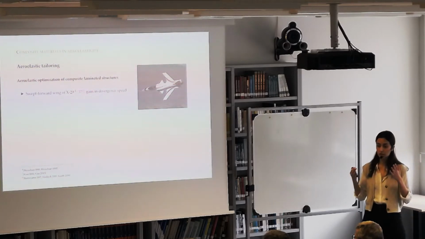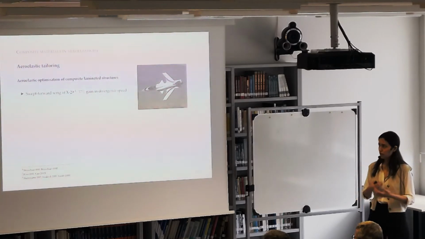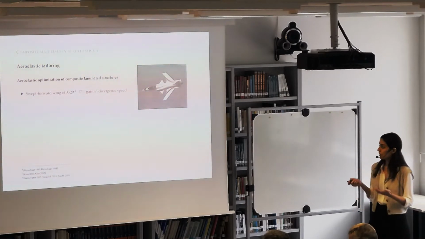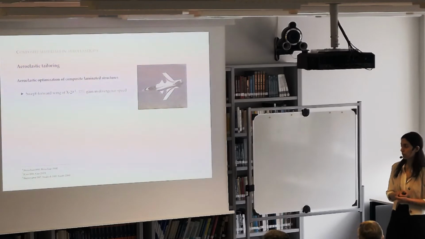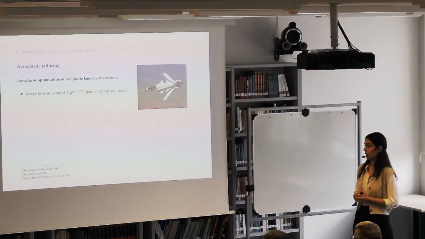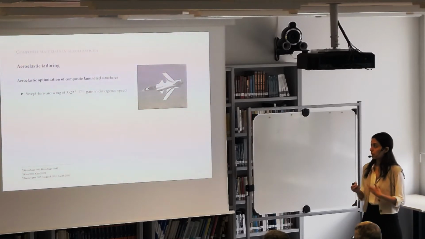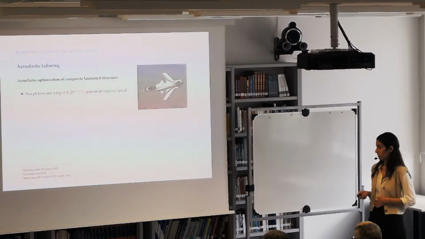It could be in the orientation of the layers, the thickness of the layers, or even their material. For example, in the swept forward wing of the X-29 aircraft, we could gain 37% on the divergence speed by doing the aeroelastic tailoring of the structure.